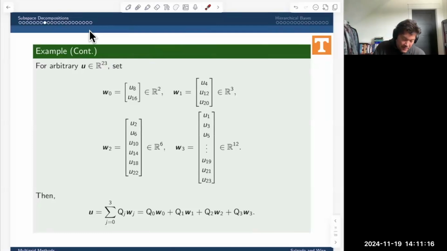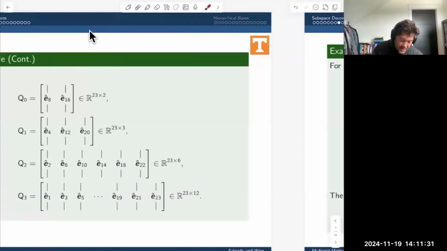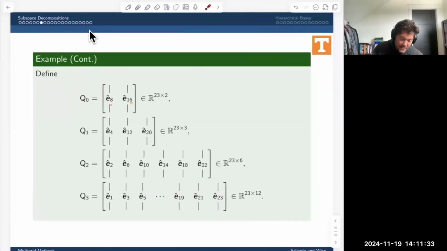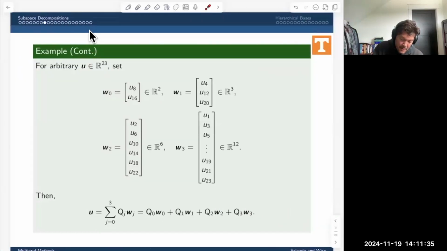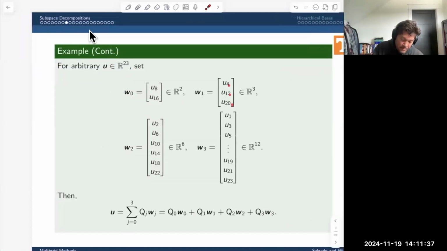And here's how I'm going to break down U. So if you give me a generic U that has 23 components or entries, then here's how I'm going to break that down. I'm going to take my W0 vector to be 8 and 16. Notice that that's 8 and 16 there. Then entries 4, 12, and 20.